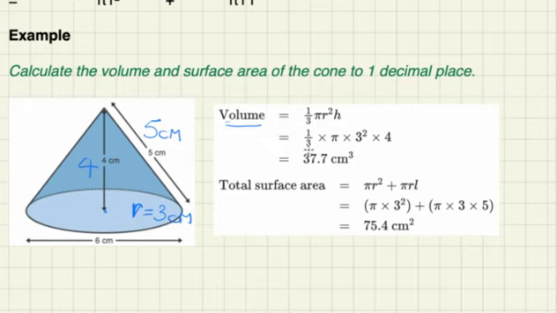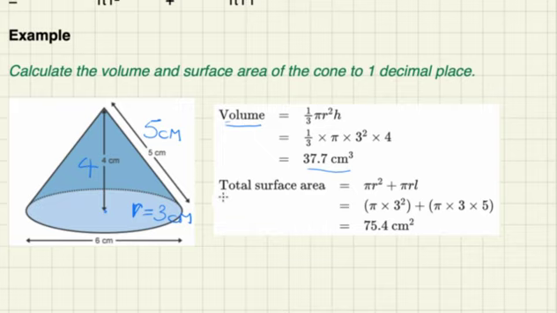So a third times pi times 3, now 3 is the radius that we found here, times 4, and 4 is this perpendicular height. And when you do all the calculations, it comes to 37.7. And because it's a volume, it's cubed. So 37.7 cubic centimetres, or centimetres to the 3.